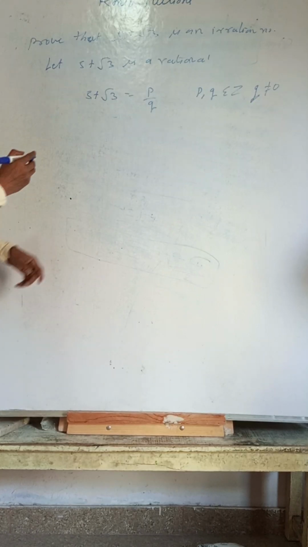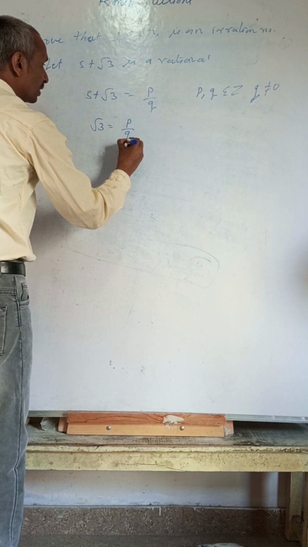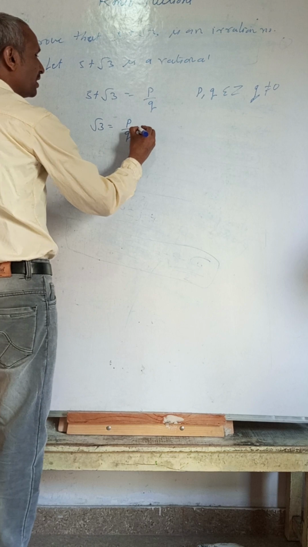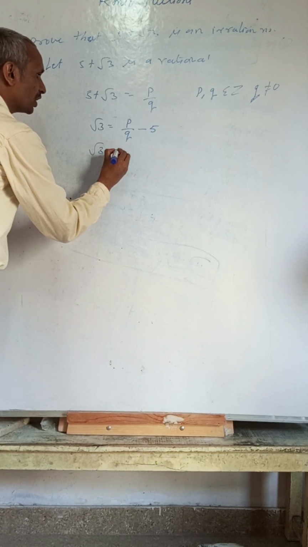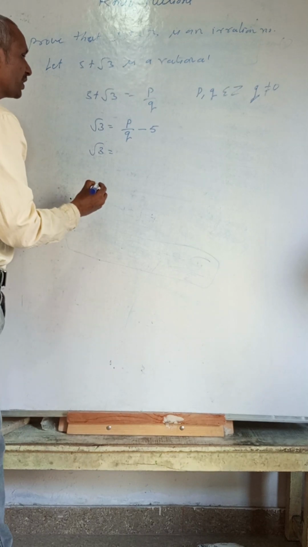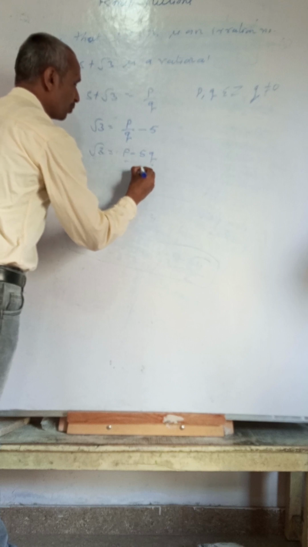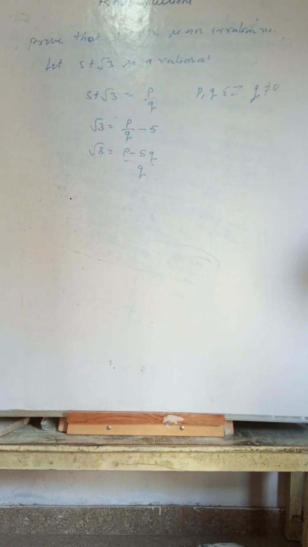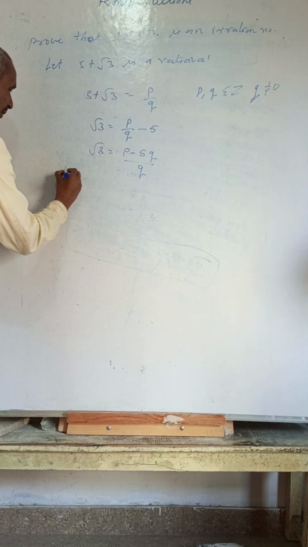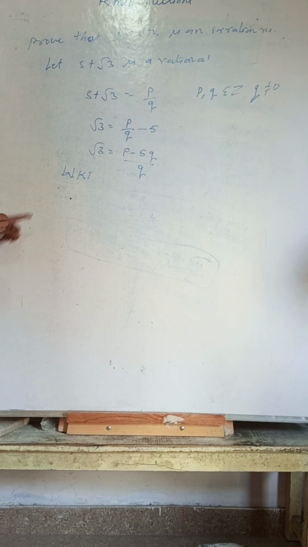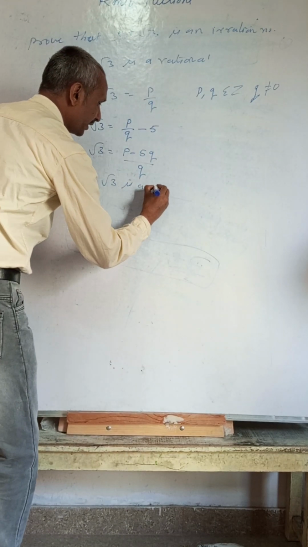In this way we can also write root 3 is equal to p by q, transposing 5 to that side so minus 5 comes. Taking the LCM, root 3 is equal to p minus 5q by q. Now you know that root 3 is an irrational number. So, WKT, we know that root 3 is an irrational number.